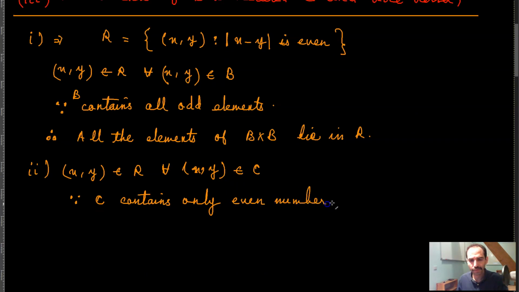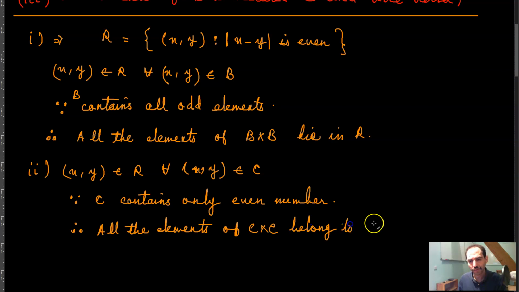And of course we showed before that when you subtract an even number from any other even number, the result is going to be an even number, which satisfies this rule, which means that all the elements of the Cartesian product of C and C belong to R, right? So that is that.